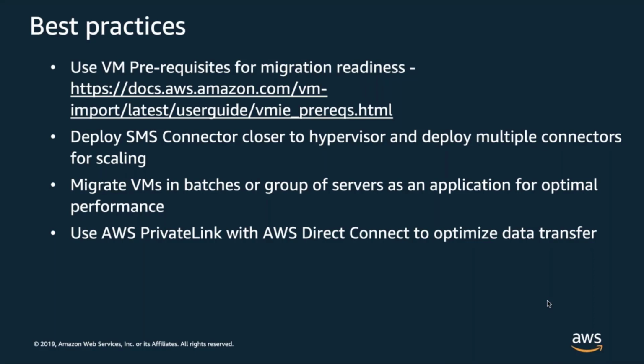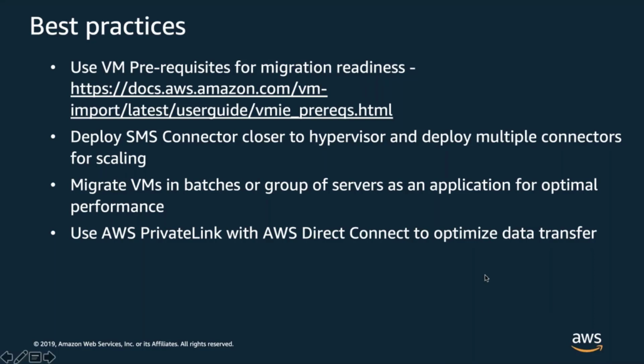This will help you identify any dependencies and confirm that the workloads that you are migrating are compatible and ready for migration. The second best practice is to deploy your SMS connector closer to the hypervisor, and also deploy multiple connectors so you get better scaling in migrating your workloads.